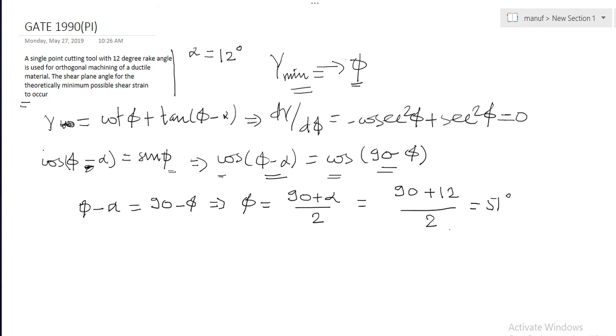So we have calculated the value of phi. So we can also calculate the value of shear strength. So this is an important question, and this might be asked in GATE ME.